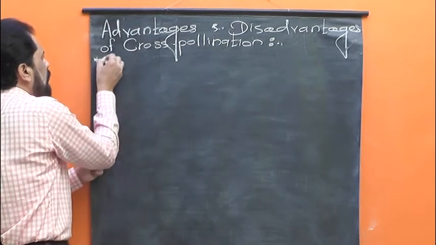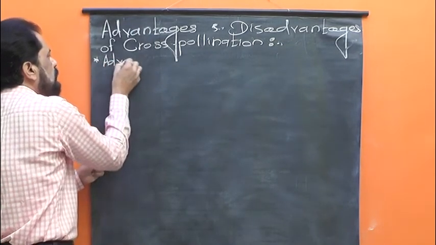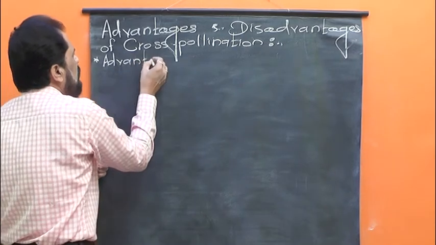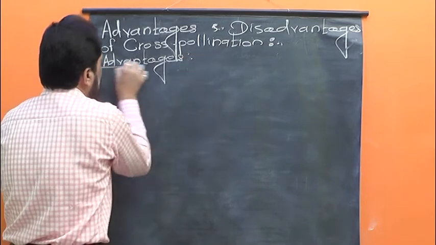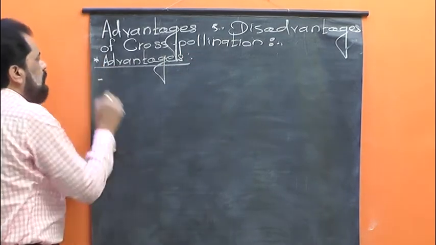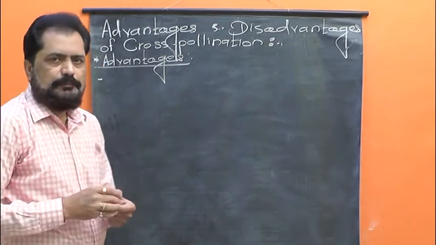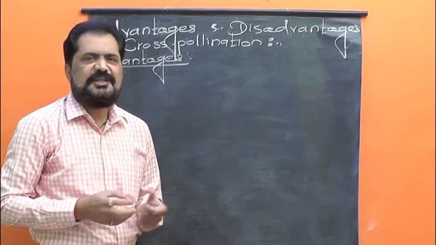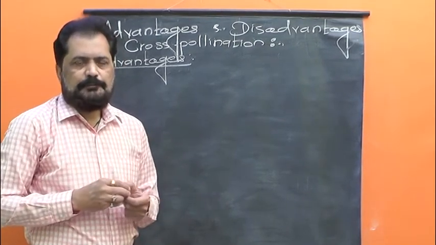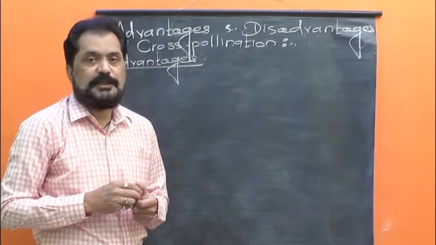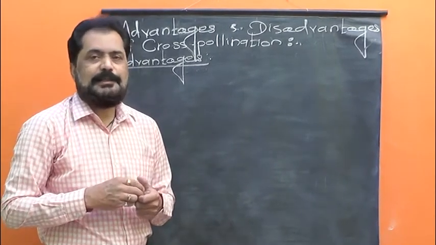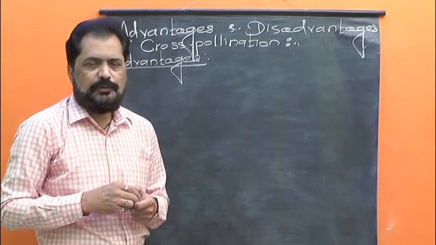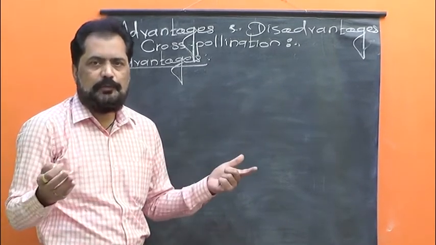First of all, let us talk about certain advantages of cross pollination. Cross pollination brings about genetic recombination, mixing of genetic material of two different plants, and it leads to the production of new variety of plant.